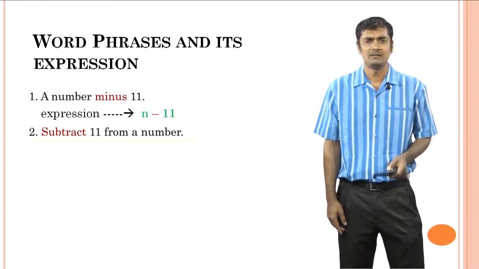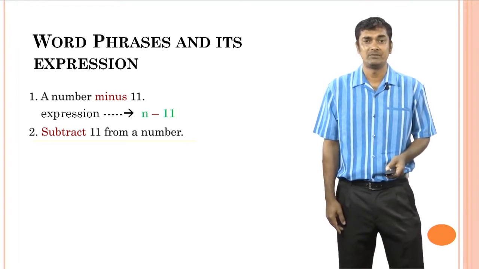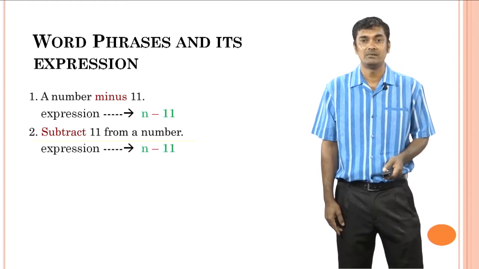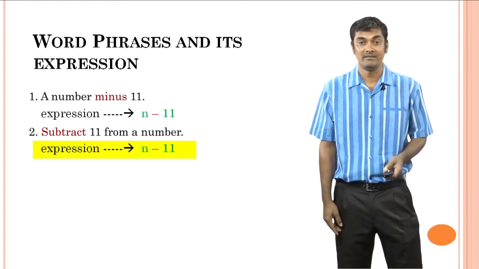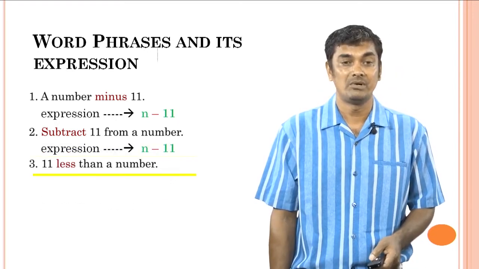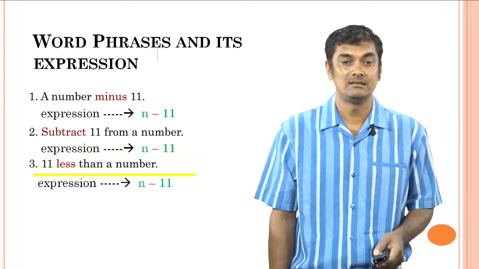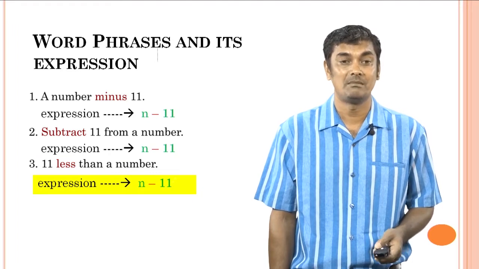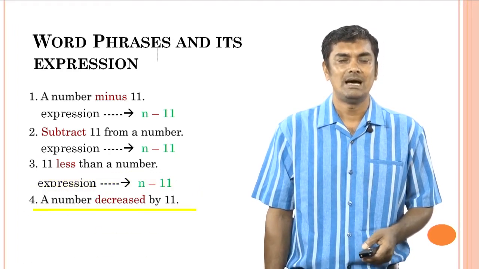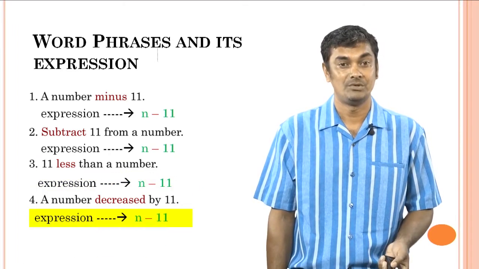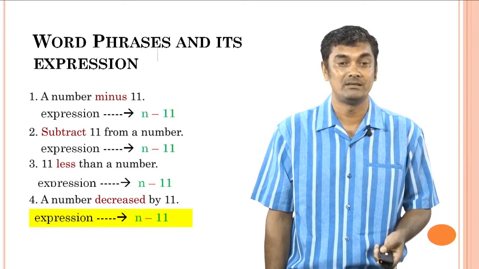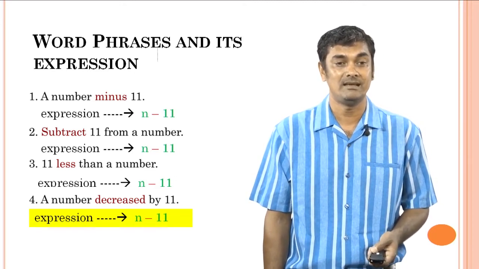How do we write mathematically an expression for subtract 11 from a number? n minus 11. 11 less than a number. There again, subtract, minus, less, they mean the same thing, which is n minus 11. A number decreased by 11. There you go again, an expression being written mathematically: n minus 11.